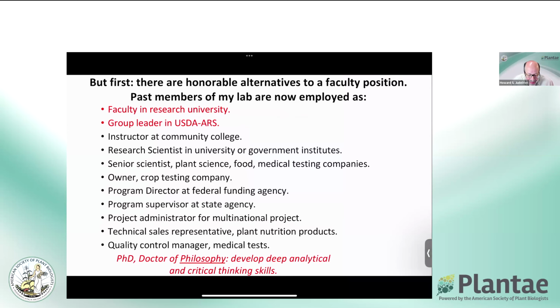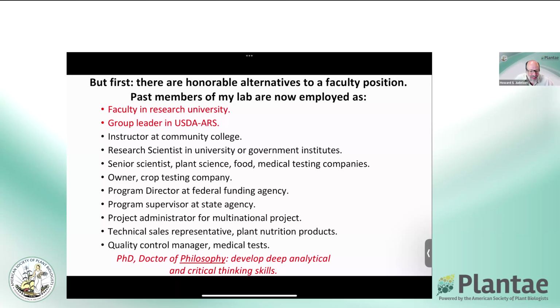Okay, before I get into that, I do want to point out that there's more people looking for faculty positions than there are faculty positions. And you shouldn't feel second rate if you end up in a different type of position. So I wanted to show as my first slide the types of positions that previous members of my laboratory have moved into. Some are faculty in research universities or government institutions.